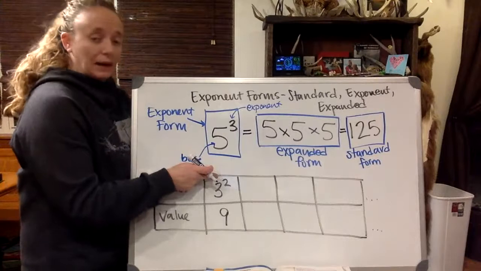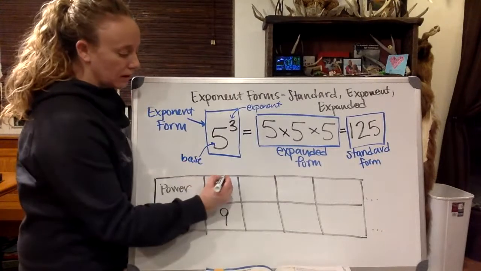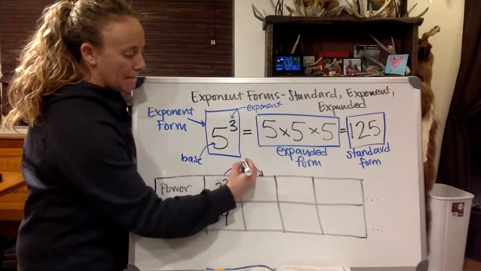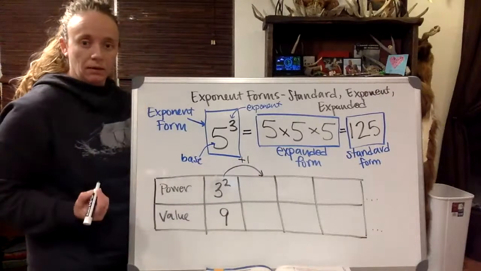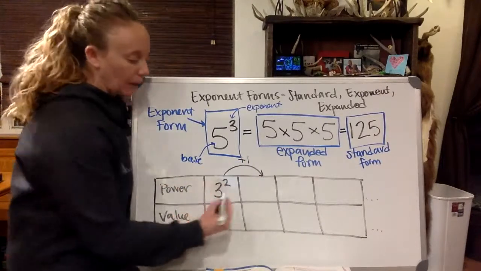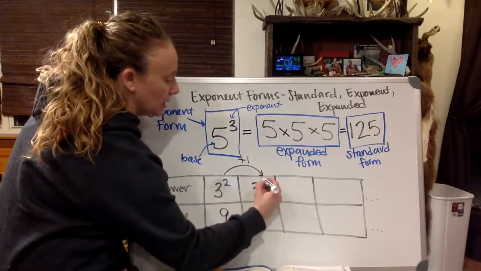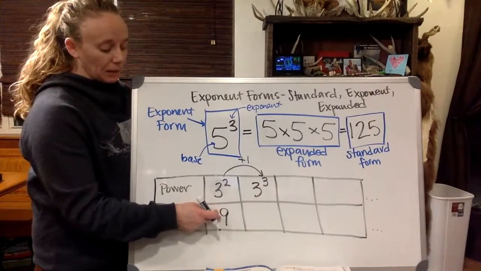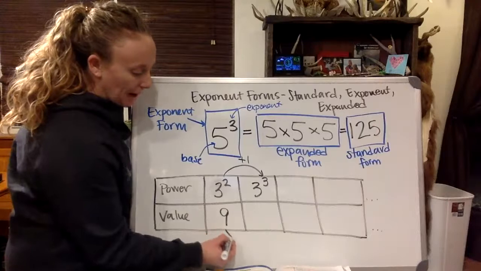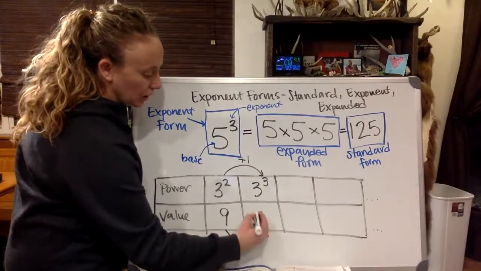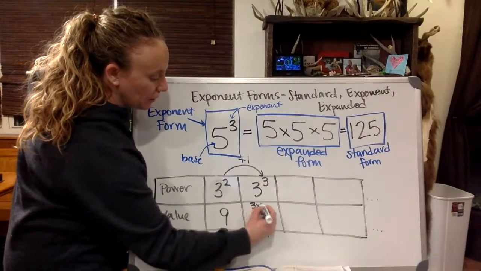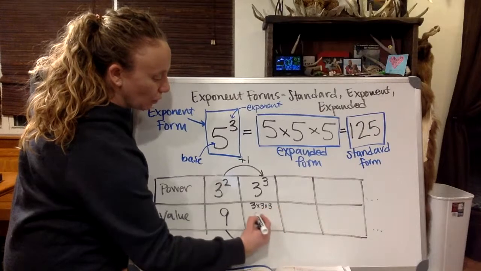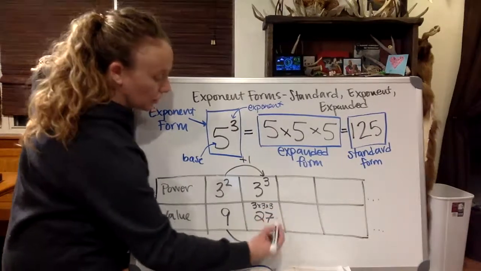If I were to increase this power, so the exponent or the power by 1, I now have 3 to the 3rd, which in turn tells me that I'm going to multiply this 9 by 3. So essentially, 3 times 3 times 3, or 27.